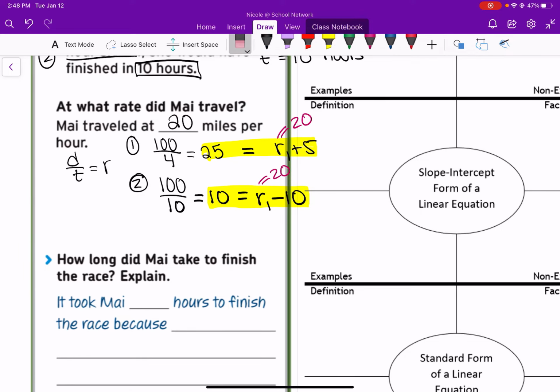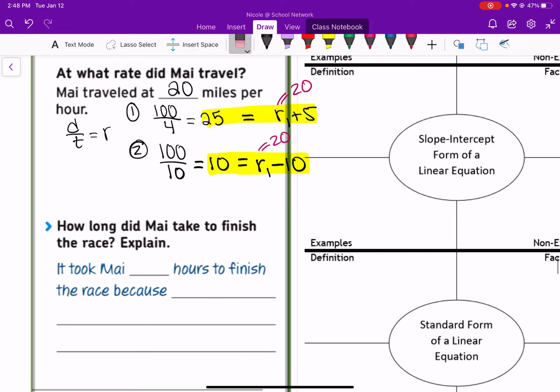Now we have to answer how long did it take Mai to finish the race? So now we have to solve for T, knowing that D is equal to R times T. Solving for T, we have D over R is equal to T. Plugging in, distance is 100, and then we found R to be 20. So 100 divided by 20 is 5.